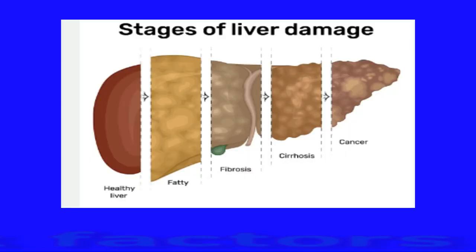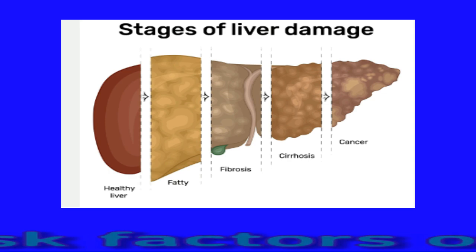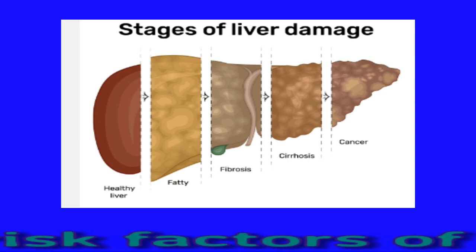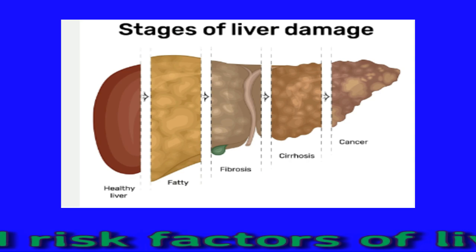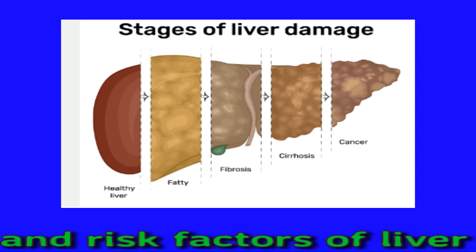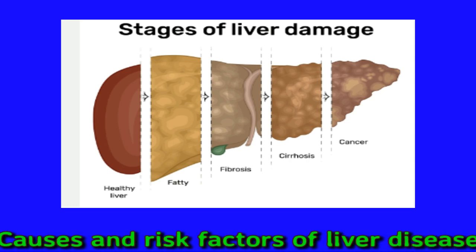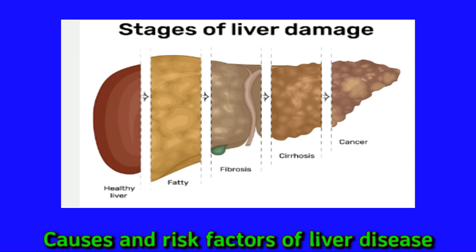Causes and risk factors of liver disease. Liver disease has several different causes, including infection, immune system problems, genetic factors, toxic effect of medications, cancer, chronic alcohol abuse, fat building up in the liver.